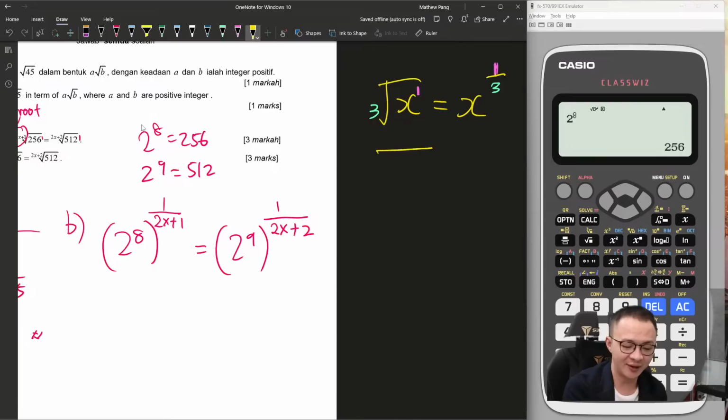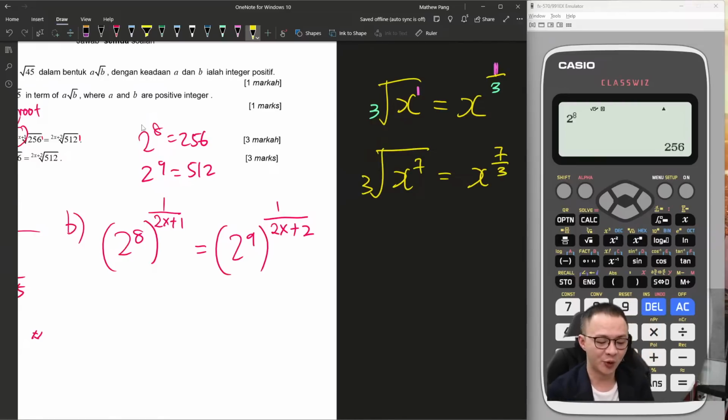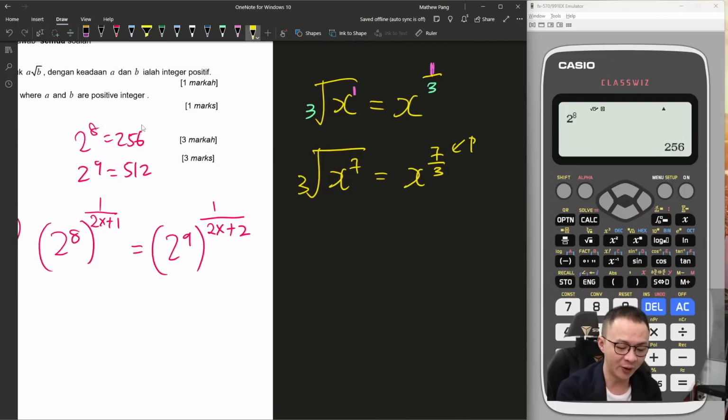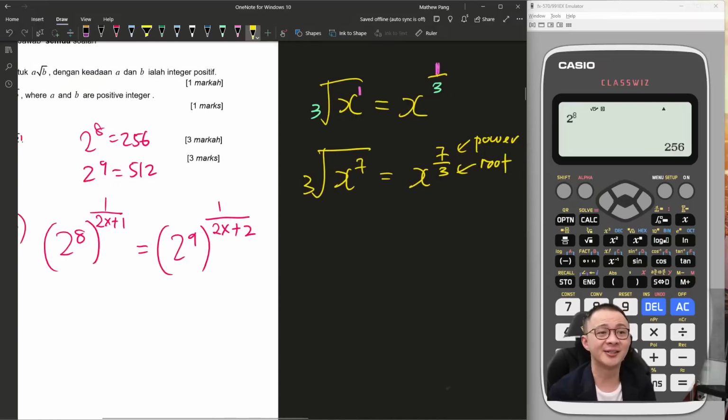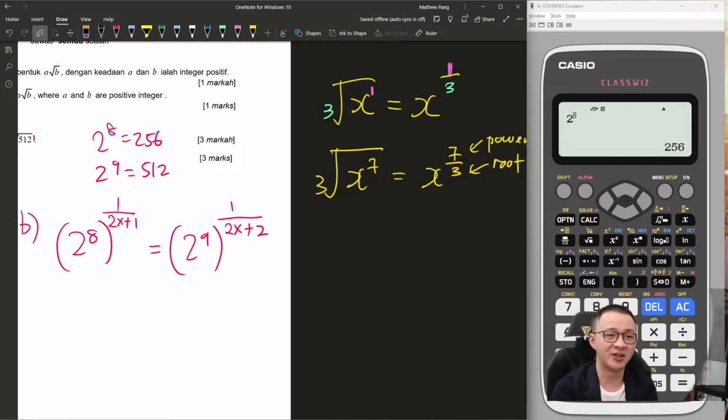So if today I have the cube root of x to the power of 7, this is x to the power of 7 over 3. So the top is for the power and the bottom is for the root. I hope you understand this basic knowledge about indices.